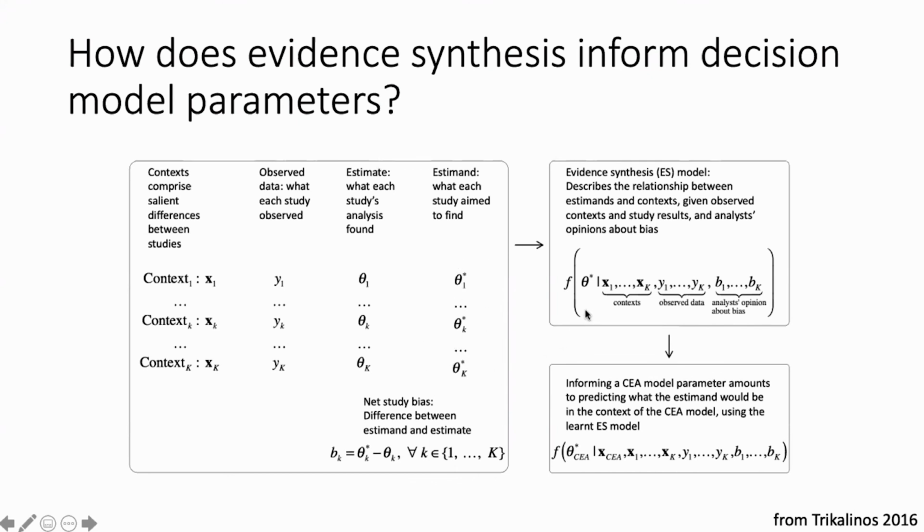And in our evidence synthesis for decision analysis, what we want to do is learn a model that learns the true study estimates, meaning the bias-corrected true study estimates, given all the data that we have about the contexts, given the observed data, and given the analysts' opinions about how big the biases between observed and desired estimates in each study are. And when you have this model, you're using it to actually predict what the treatment effect would be in the decisional setting for your decisional problem.